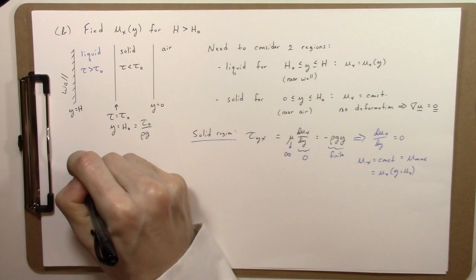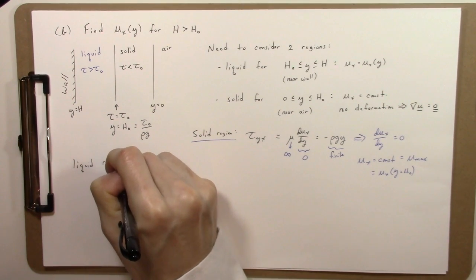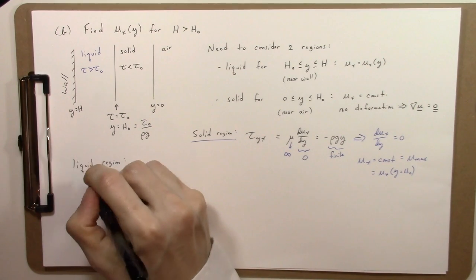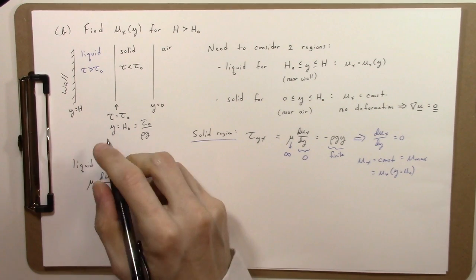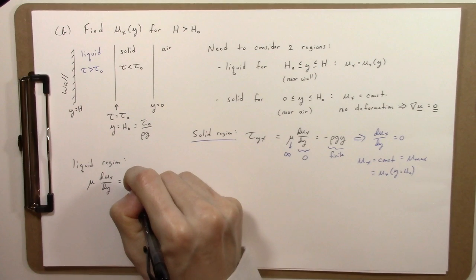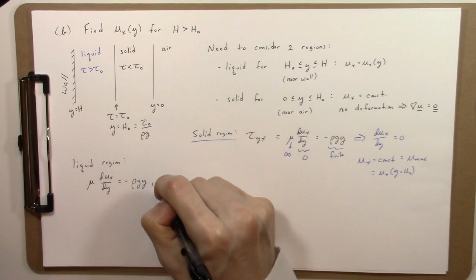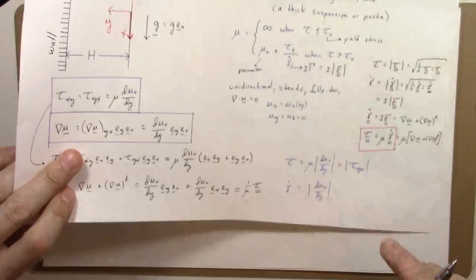So in the liquid, we go back and we say mu dux dy is equal to minus rho g y. But mu, now we need our constitutive relationship for the Bingham fluid.